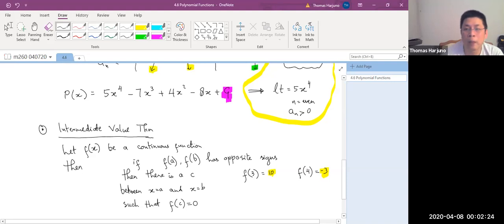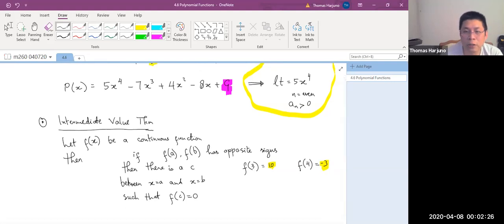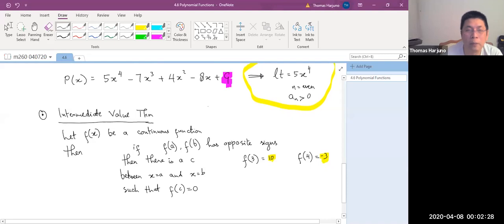Now here's the illustration. I will continue using this example. Imagine on the coordinate system, f(3) equals 10 and f(4) is -3, so it's below the x-axis.